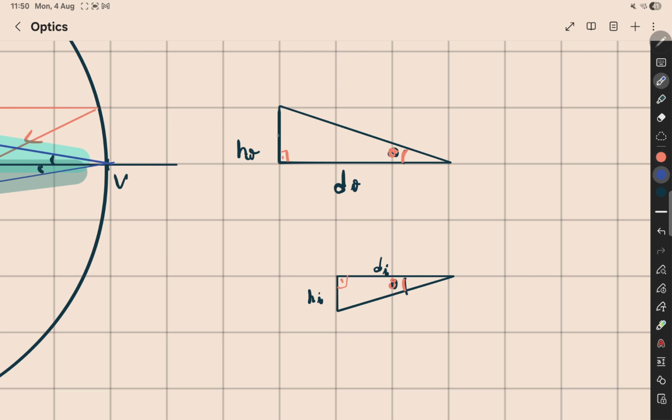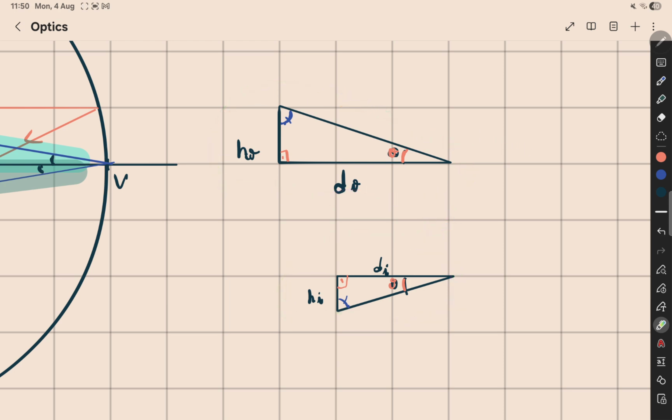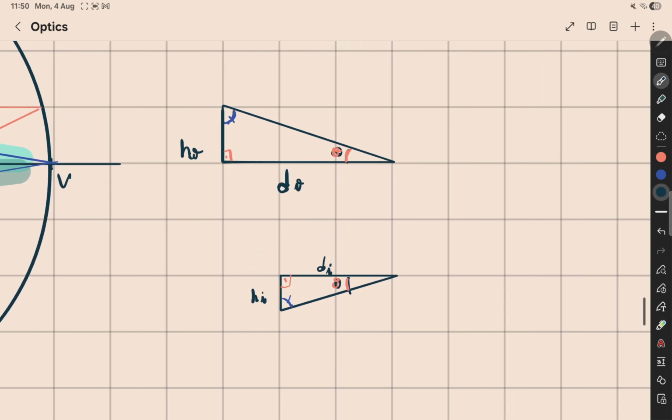So this angle here must be equal to this angle here. If all the angles are the same, they are similar triangles. It means that the smaller triangle here is just a smaller, flipped version of this bigger triangle. So they are the same triangle but at different scales, okay? This one here is basically a scaled down version of the triangle up there.